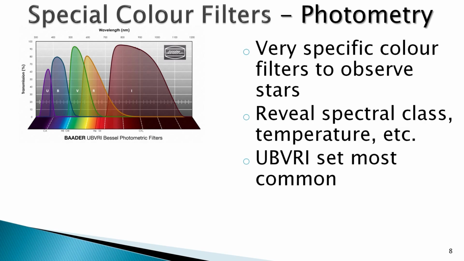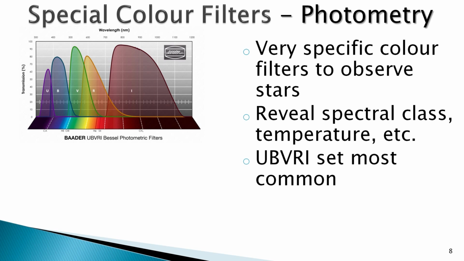Back then, the set only consisted of U, B, and V filters. R and I were added by South African astronomer Alan Cousins in the early 1990s, after the invention of red-sensitive photomultiplier tubes, which were the device used up to that point for photometric studies.